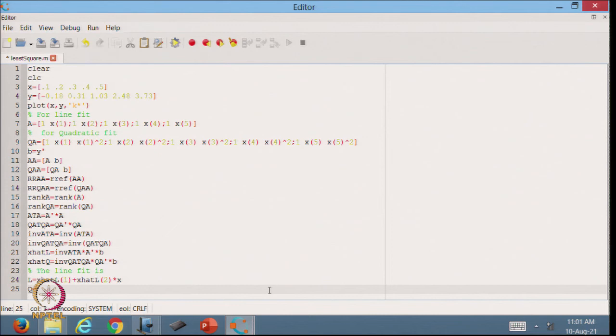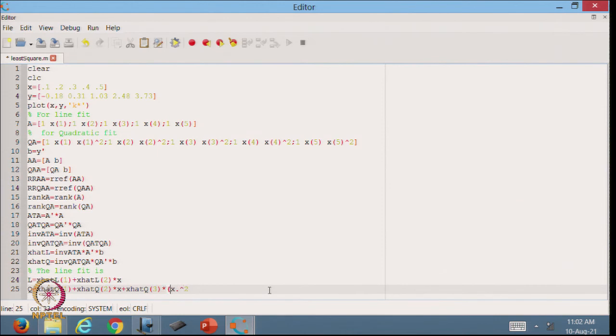That will be x hat Q first coordinate, plus x hat Q second coordinate multiplied by x, plus x hat Q third coordinate multiplied by x square.